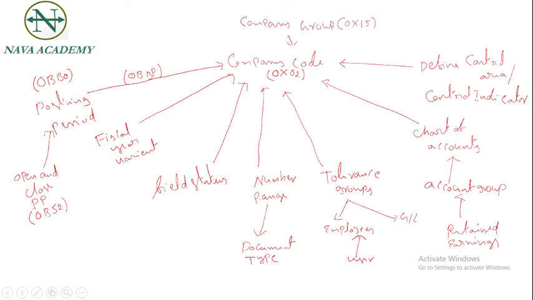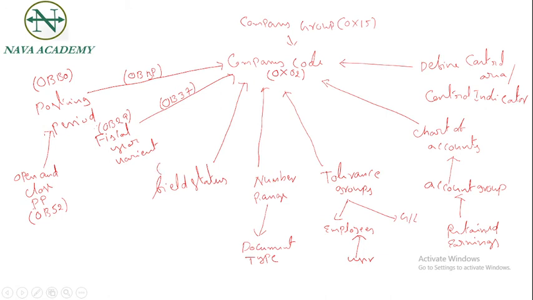Fiscal year variant: define fiscal year variant T code OB 29. Assignment OB 37.